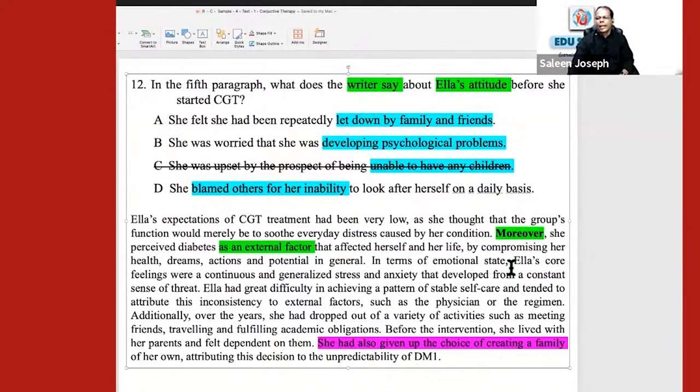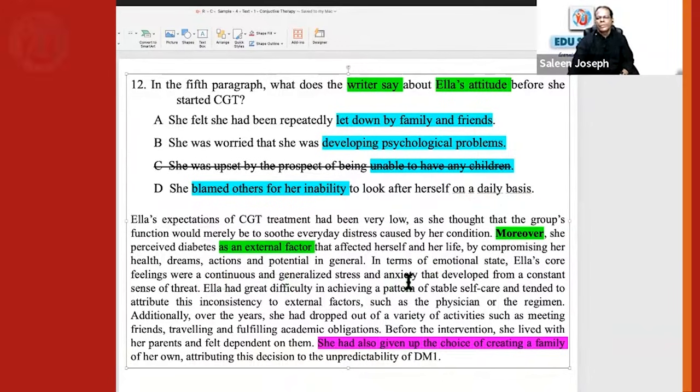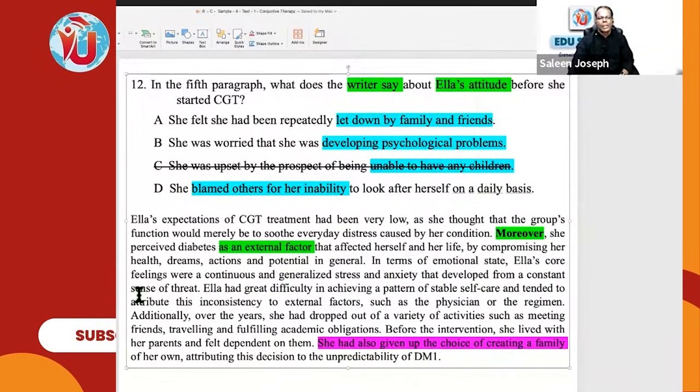In terms of emotional state, see Ella's attitude, emotional state, Ella's core feelings were a continuous and generalized stress and anxiety that developed from a constant sense of threat. Threat is external or internal? External.